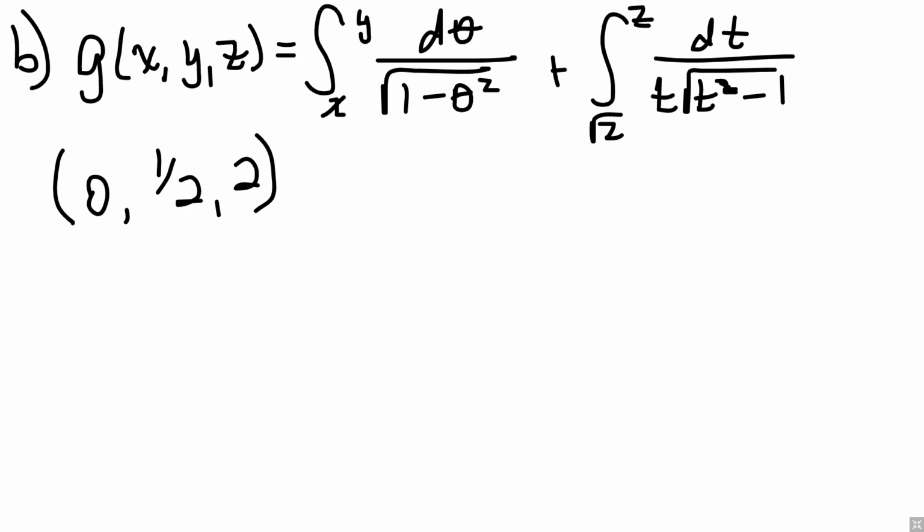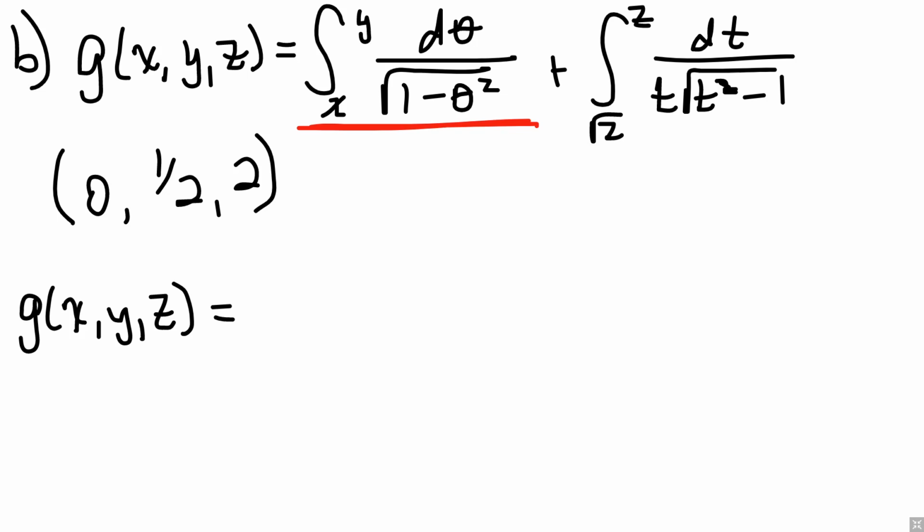Okay. All right, so the first thing we have to do in order to do this problem is we actually need to find out what the function is. So we're going to have that g of x, y, z is equal to, starting with this portion here, if we integrate that, what does it integrate to?